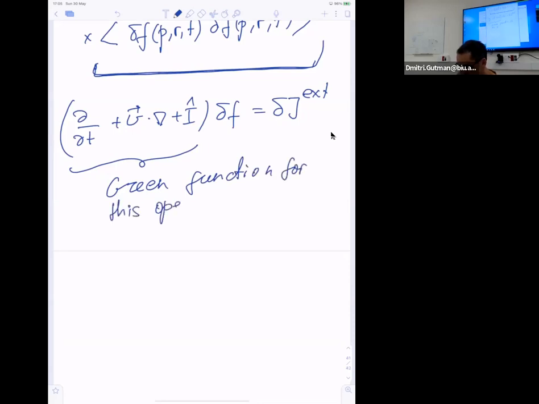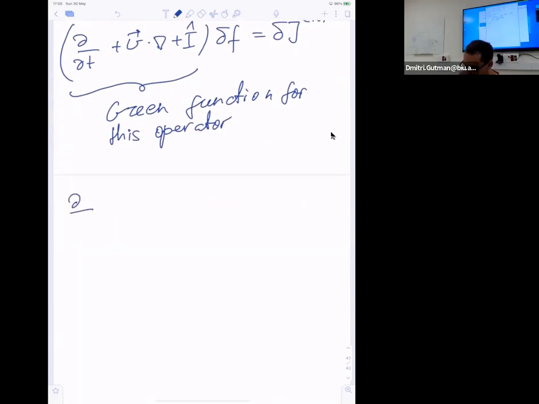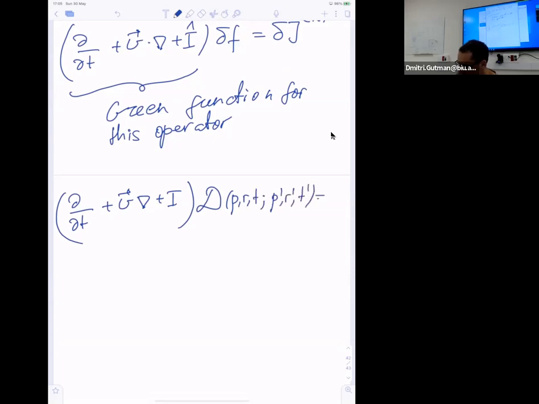So what must the Green function do? When you act with this operator on the Green function, let's call this Green function D, between points p r t and p prime r prime t prime, it needs to give you an identity operator, which means a delta function with respect to p and p prime, a delta function with respect to r and r prime, and a delta function with respect to t and t prime.